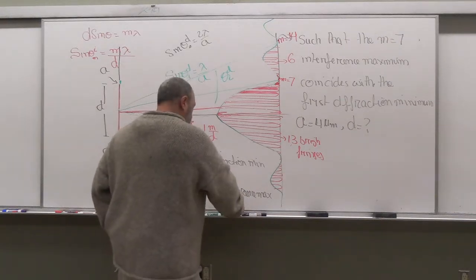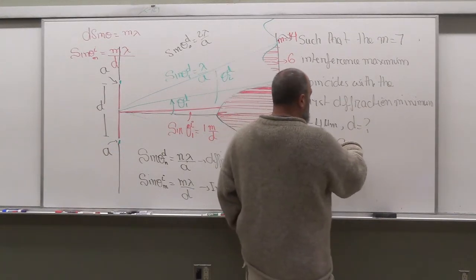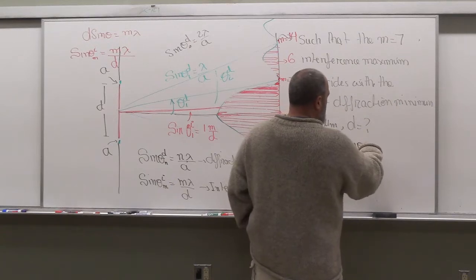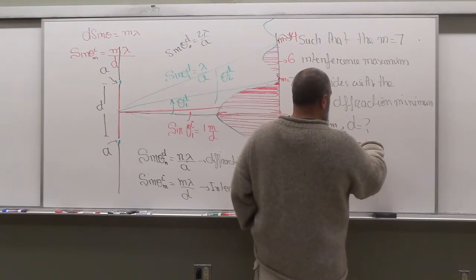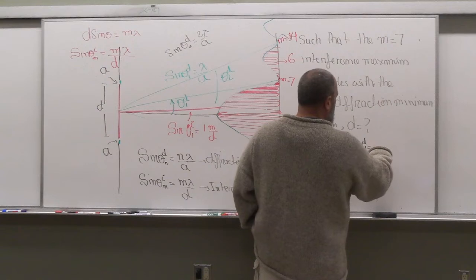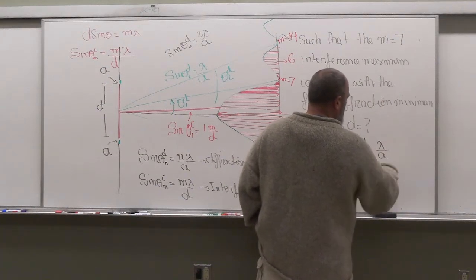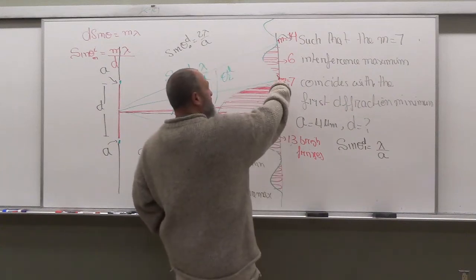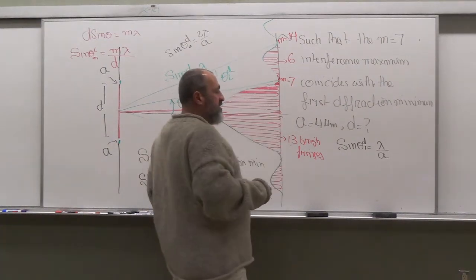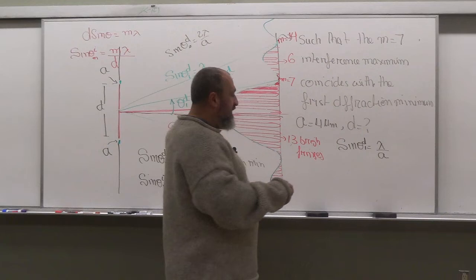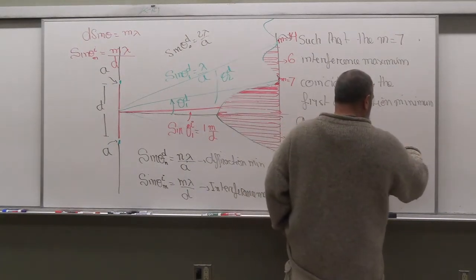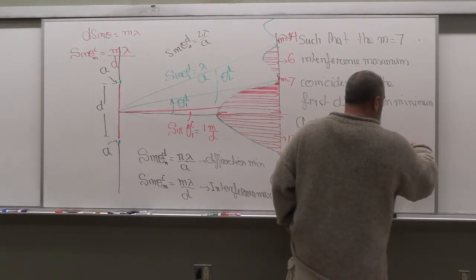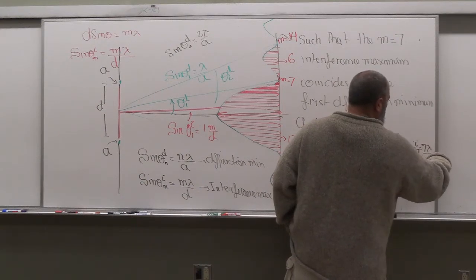So what do we have here? We have sine theta diffraction 1 is equal to lambda over a, all right? And at that position, I am saying that I find the m equals 7 maximum. So that angle is also equal to sine theta 7 interference, and that's equal to 7 lambda over d.